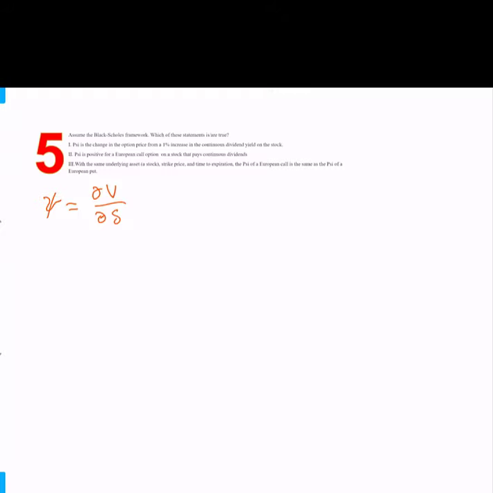So psi is the change of the option price from a 1% increase. Of course, this is by definition, so number 1 is correct because it's the definition of psi.